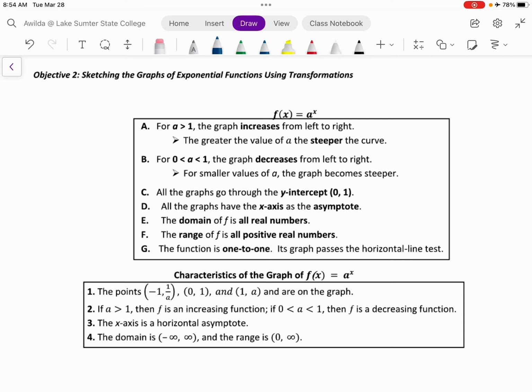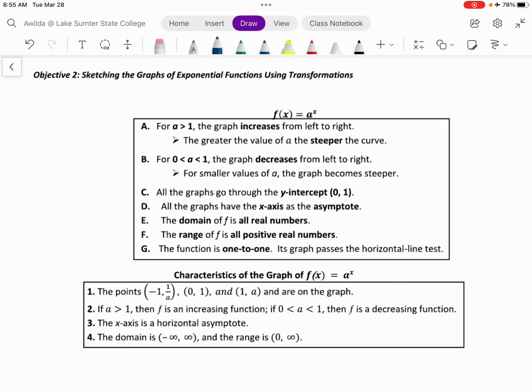In the second case, when a is a number between 0 and 1, so think of it as a decimal between 0 and 1 or as a proper fraction between 0 and 1, the graph will decrease from left to right. In fact, it'll decrease throughout the entire domain. The smaller the value of a, the steeper the curve will be. In other words, it will decrease more rapidly.